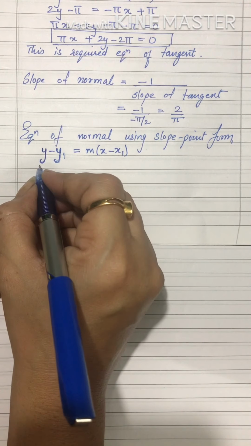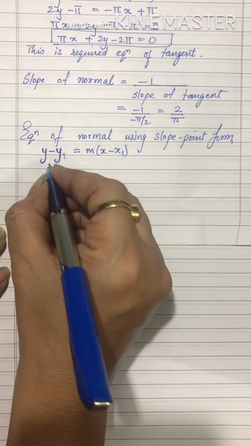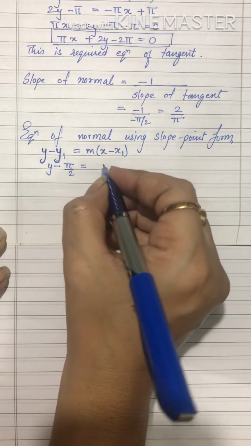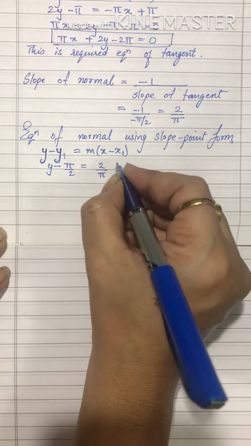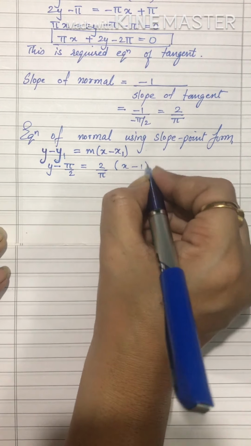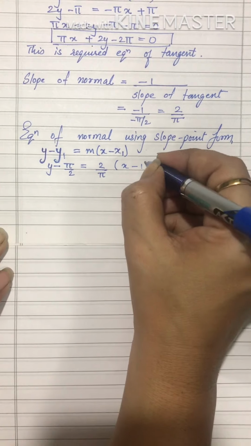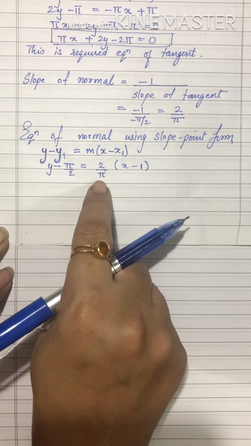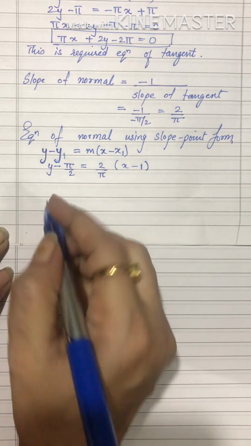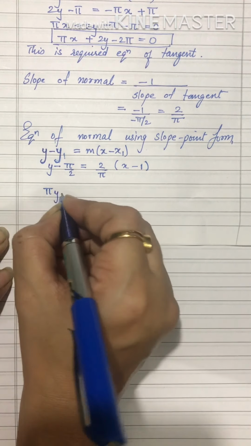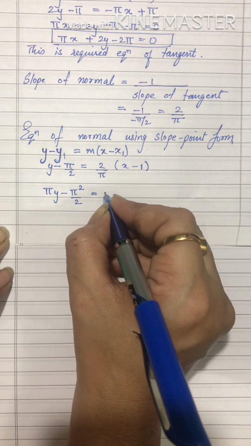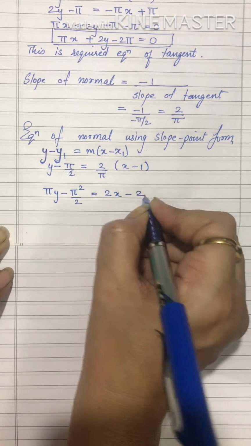So on substituting the values, what we would get here, y minus pi by 2 is equal to 2 upon pi into x minus 1. Okay, now let's simplify this further. So I'll take this pi to LHS, so we will get pi y minus pi square upon 2 is equal to 2x minus 2.